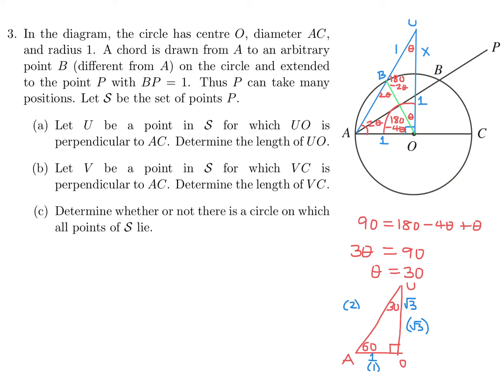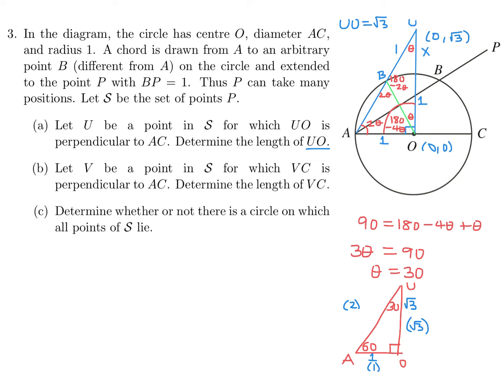And therefore, what do they want? They want the length of UO. Well, the length of UO is equal to root 3. And if this was on a coordinate axis where O is the center, where O is the origin, U would have the coordinates 0, root 3, like that.